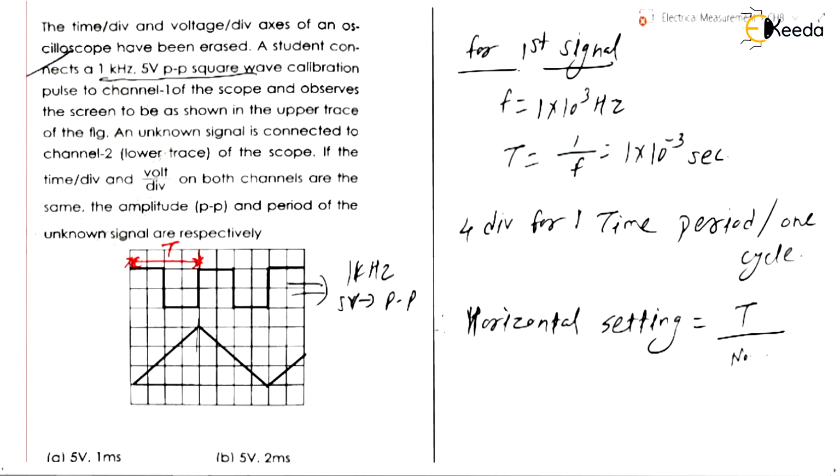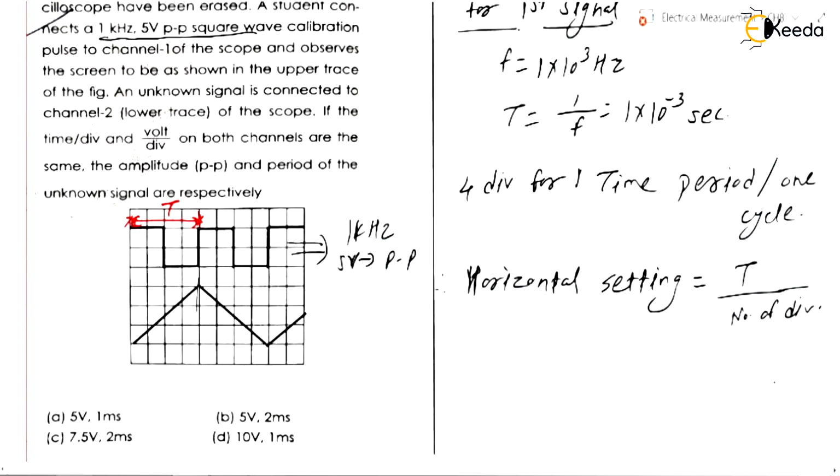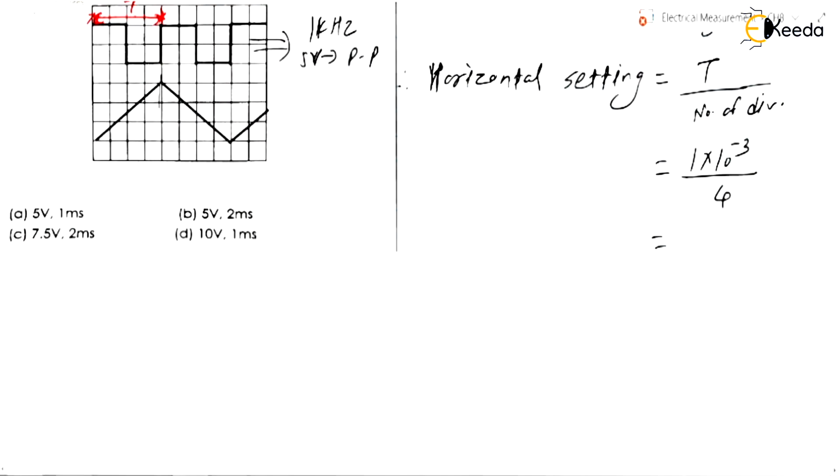T is 1 millisecond, so 1 into 10 to the power minus 3 divided by the 4 divisions we have. So it is 1 by 4 into 10 to the power minus 3, which is 0.25 into 10 to the power minus 3 seconds per division. This is the horizontal setting.